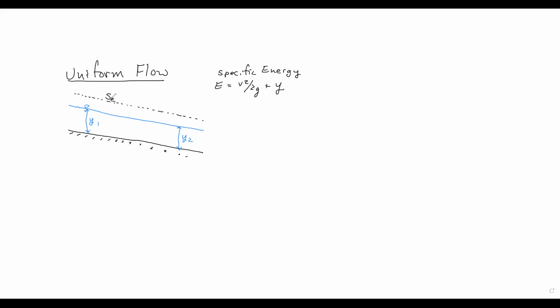So this is our energy grade line, or the slope of our energy grade line, and it's parallel to the water surface. So this is delta E. And then we also have the slope of our water surface. And then we have the slope of the bed, which is S naught.